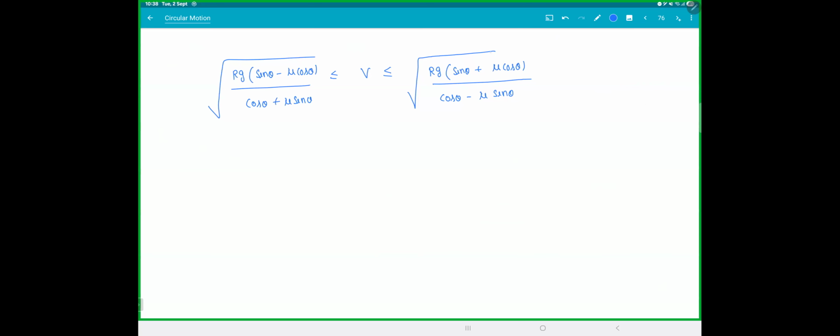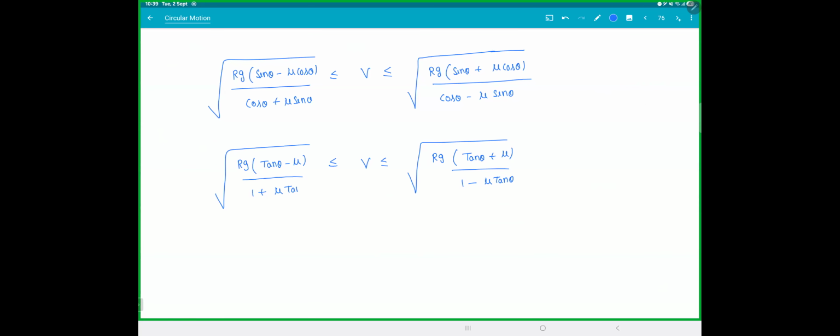You can divide the whole thing by cos theta on both sides. This will become simply root Rg times tan theta plus mu over 1 minus mu tan theta. There, this is your speed limit.